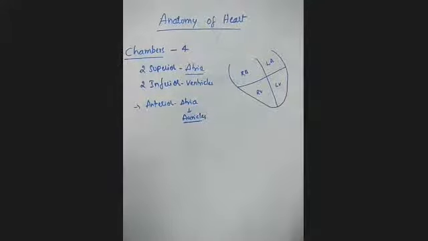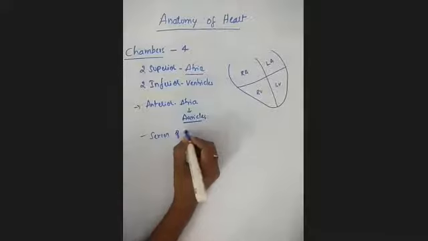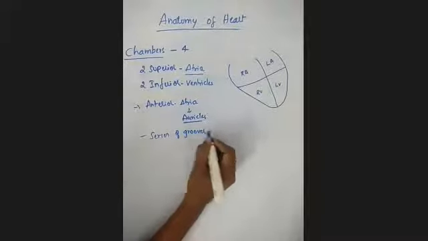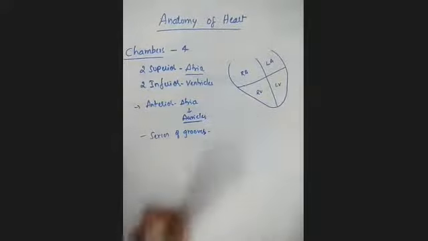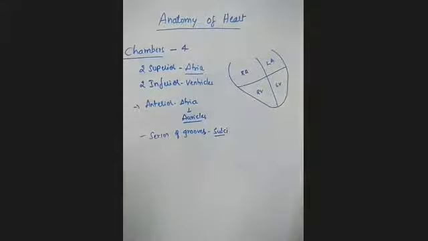Atria is the chamber, but the anterior surface of that atria, which has pouch-like structures, you will call auricles. And the surface of the heart, which has a series of grooves, you will call sulci. Underline these important terminologies.